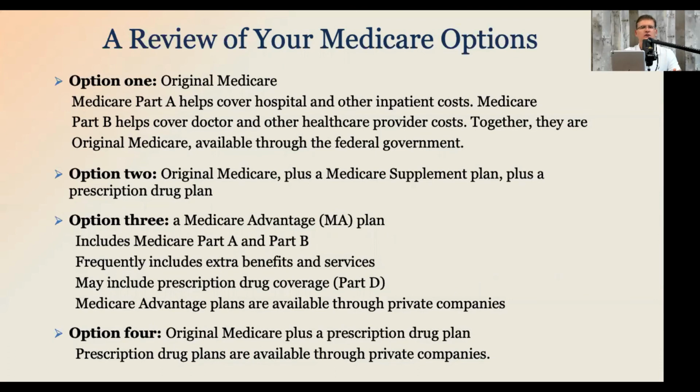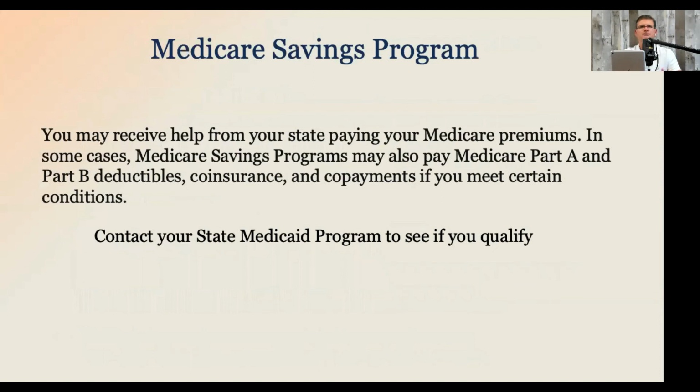Original Medicare, just like option 1, plus a prescription drug plan. And those prescription drug plans are available through private companies. So those are your 4 options to keep in mind as you go forward and see what really is beneficial for you. Again, everybody's different, so you need to look at what's going to benefit you and your family.